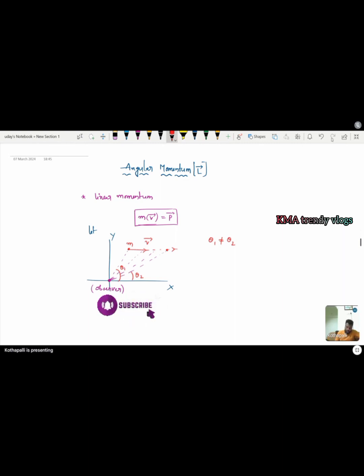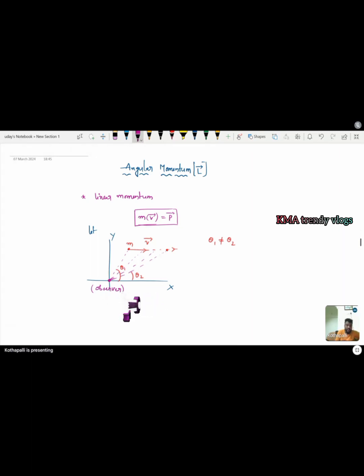That means to this observer, the momentum of this object, which is mv, appears like it is changing with respect to position, changing with respect to angle. That means to him it looks like a rotational momentum, which means angular momentum.